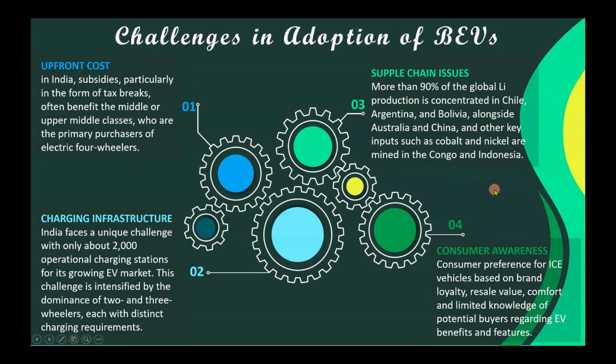And the supply chain issues, again, there is a very small pool of countries to cater to its demand. India has to depend on other countries. And then there is consumer awareness and consumer preference, which although in recent years has increased, but again the resale value, the loyalty, and what you may call a stereotype of preference for comfort, because, like I said, when there is less charging infrastructure, consumers tend to rely on comfort.